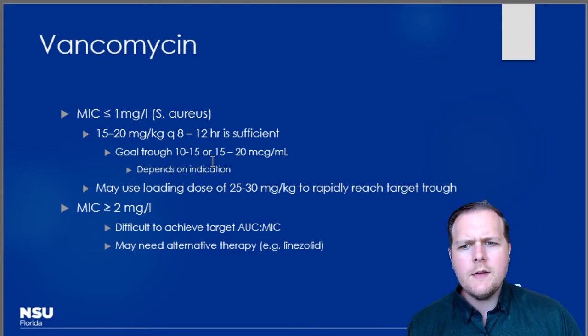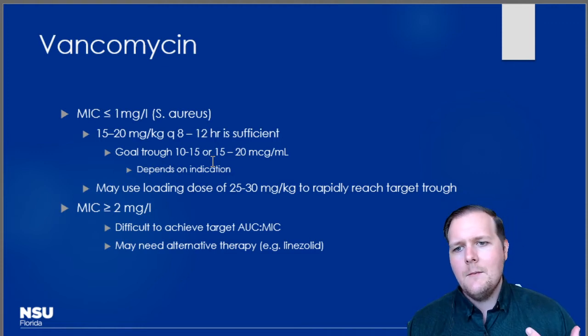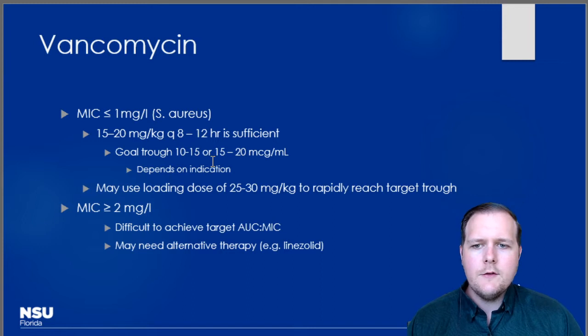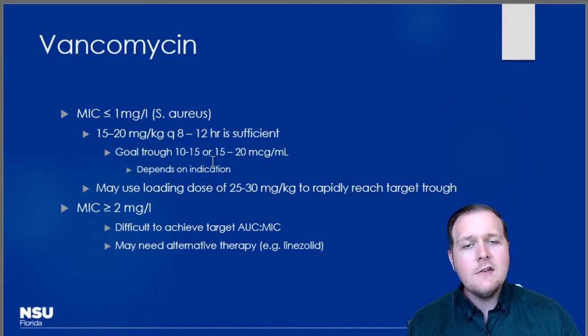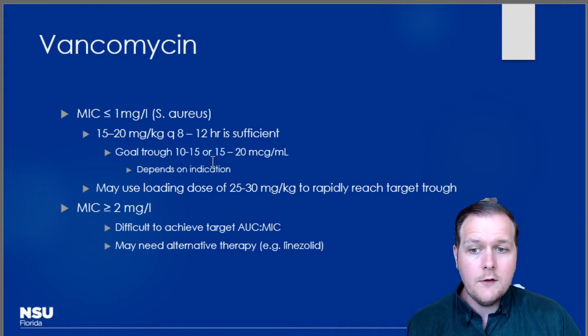So in the cases where we have more difficult to penetrate areas like the lungs, like the CNS, places like that, that's where we end up shooting for higher trough levels, something like 15 to 20, for instance. And so just know that that can change depending on the indication, and frequently there are a lot of policies put into place, whatever organization you're working for, to help guide you to make the best choices about what kind of trough levels you want to look for, right?